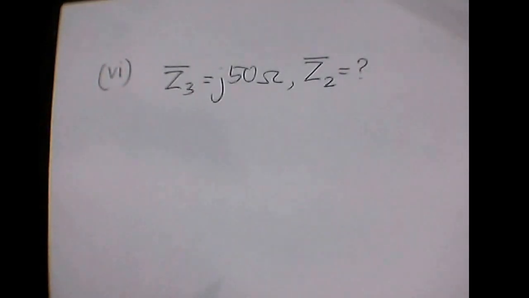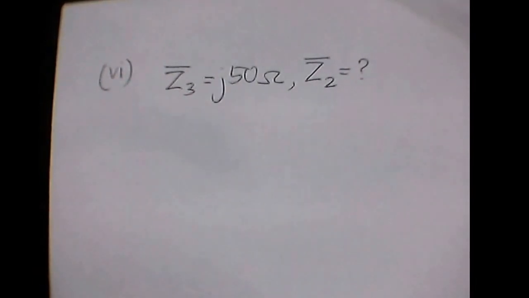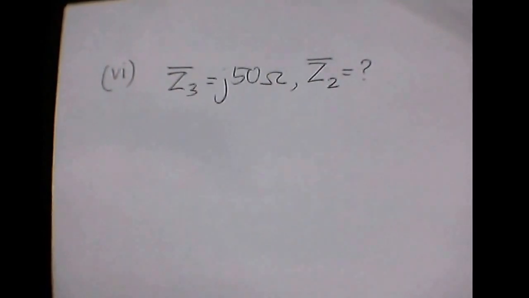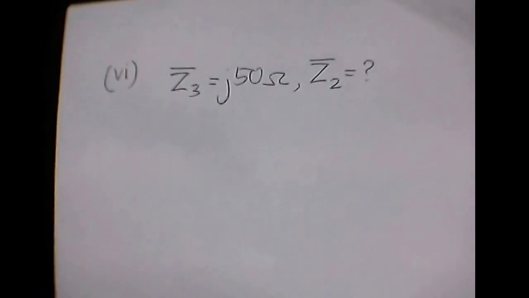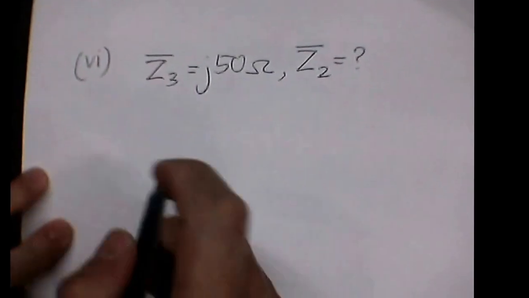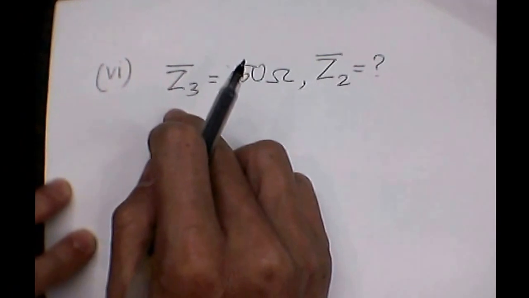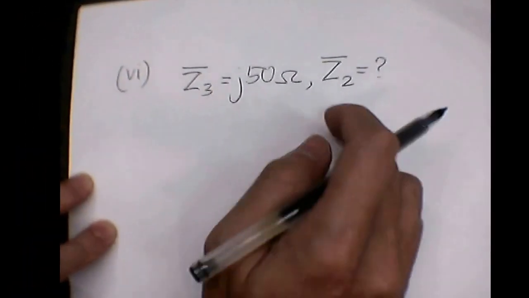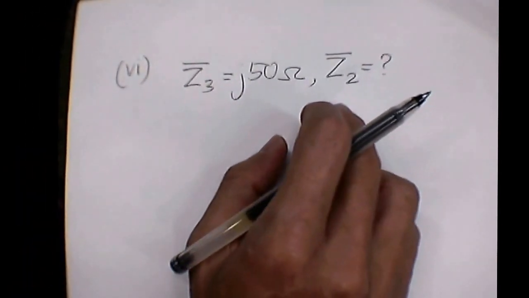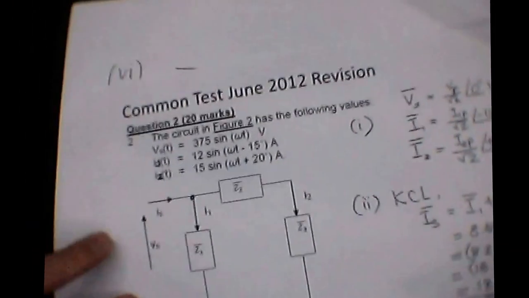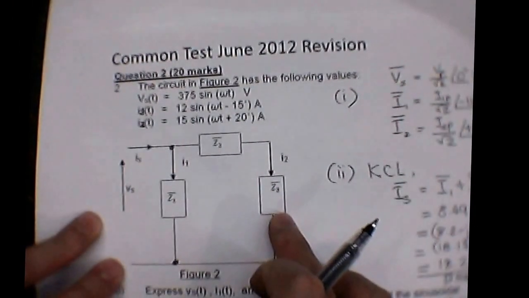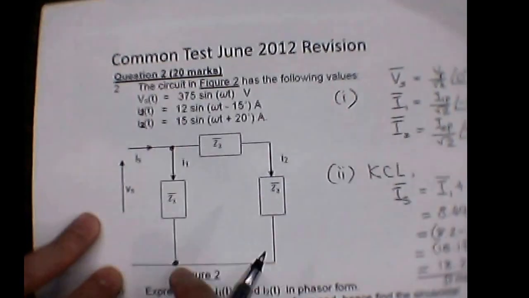In order to do this, we need to make use of the fact that Z2 and Z3 are in series. They are in the same branch circuit.